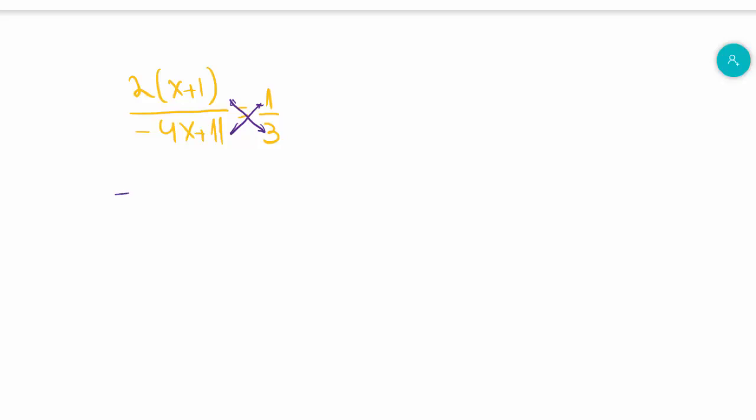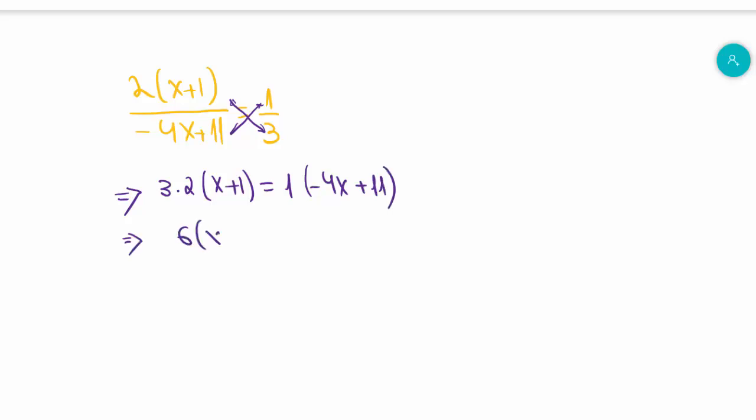So, applying that fundamental property, 3 times 2 times (x + 1) is the same as 1 times (-4x + 11). Further simplification, 3 times 2 is 6 times (x + 1) is equal to 1 times (-4x + 1). 6x + 6 is equal to -4x + 1.